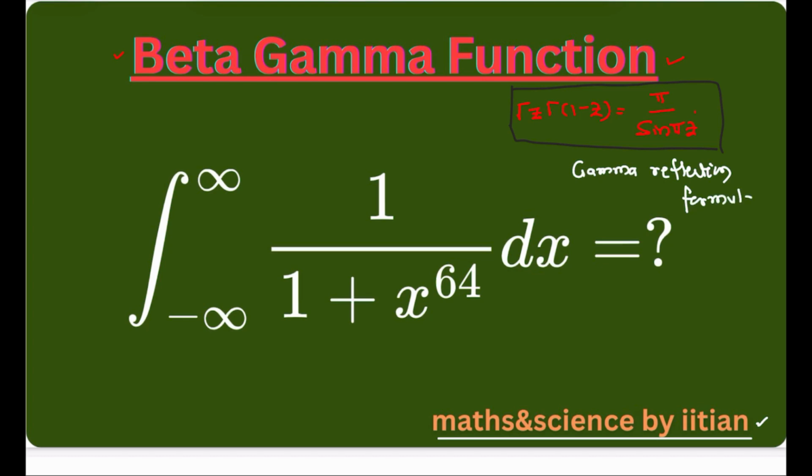And we will be using this reflection formula and the definitions of beta gamma functions, and also taking advantage of beta m n is equal to gamma m into gamma n divided by gamma m plus n. This also I have derived in my previous classes. Please refer to them and try to understand them.